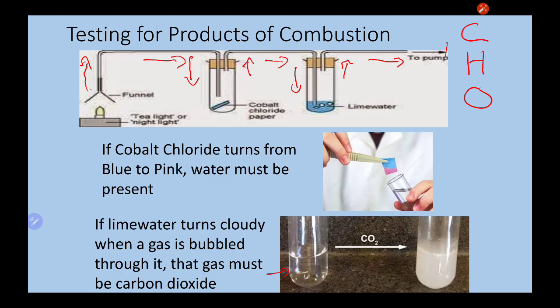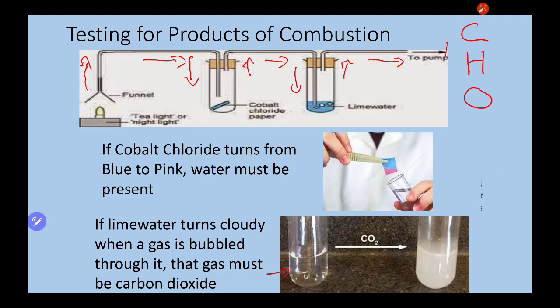So our two tests are cobalt chloride paper, which turns from blue to pink in the presence of water. If it stayed blue, that shows us there's no water given off. Lime water goes from clear and colourless to cloudy. If that happens, you've got carbon dioxide.